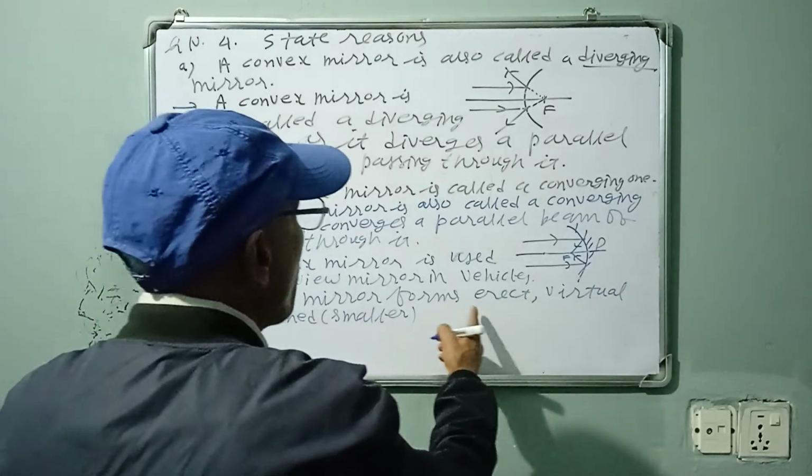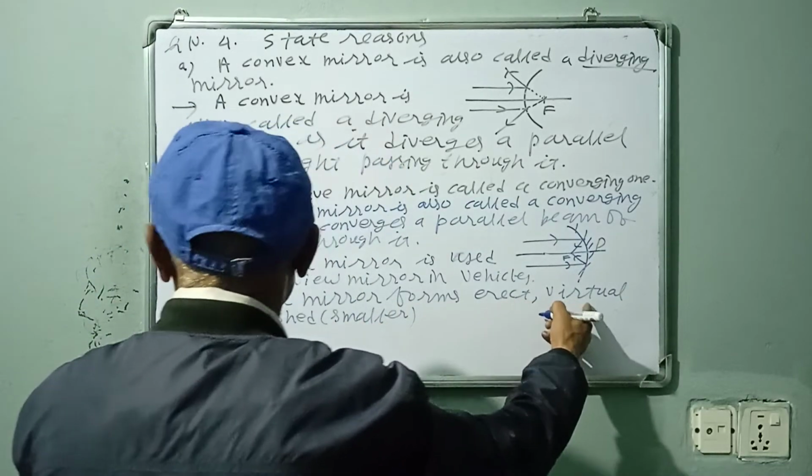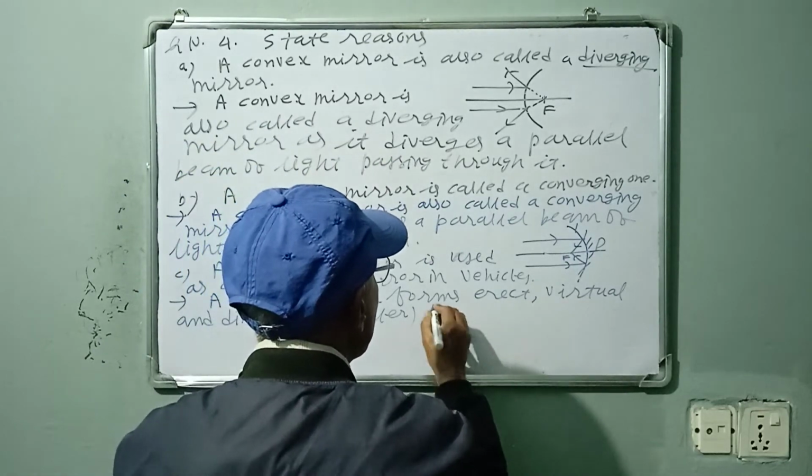A convex mirror forms virtual, erect and diminished images.